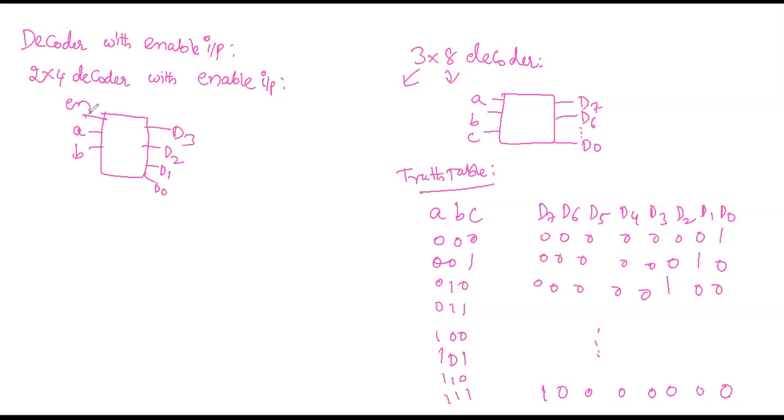What is the function of this enable? If enable is equal to 0, whatever may be the A and B, whether it is 0 or 1, all outputs will be deactive.